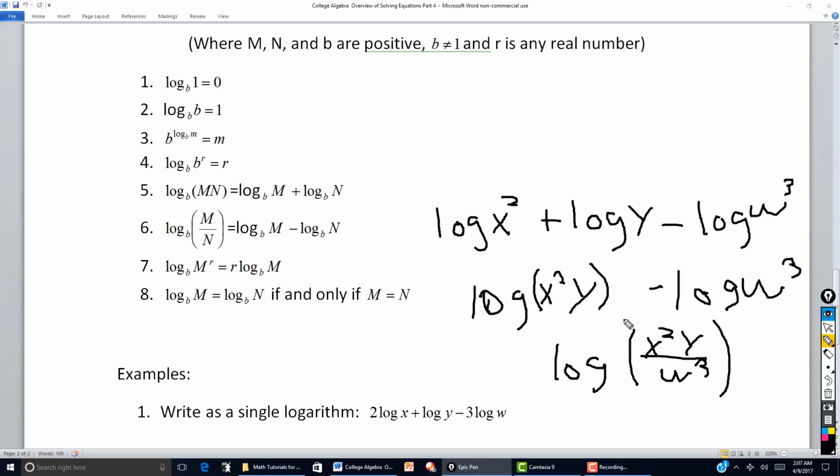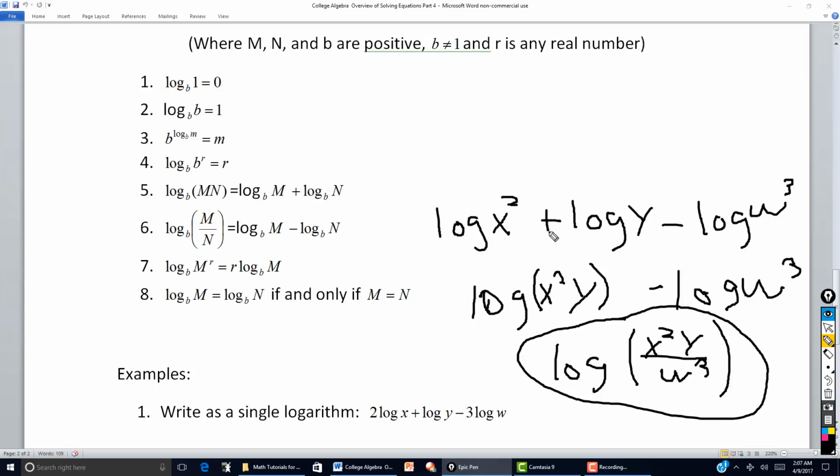So if I give you this right here and say expand this into a sum or difference of logs, what you would do is say, okay, I have the log of a fraction, so that means I can write that as the log of the numerator minus the log of the denominator, and I would get this. Then I would look at this one right here and say, okay, here I have the log of a product, so I can write it as a sum of 2 logs.